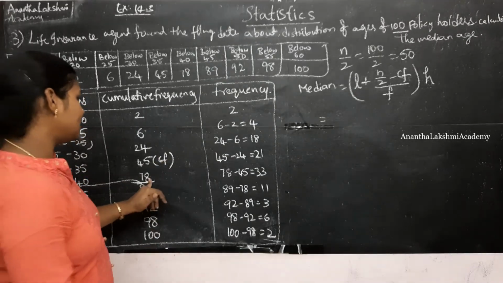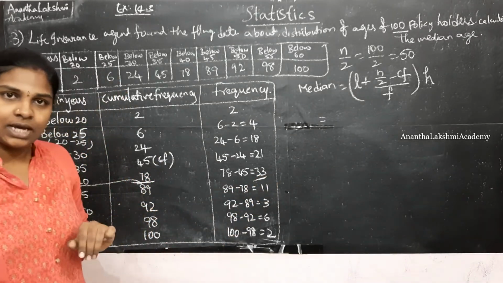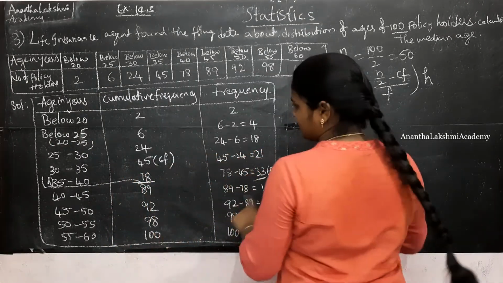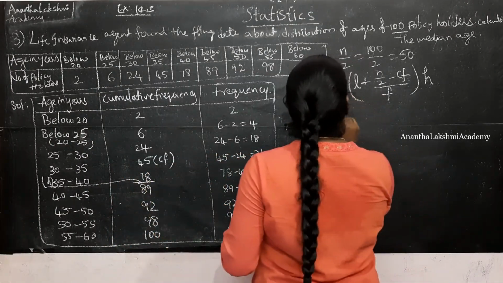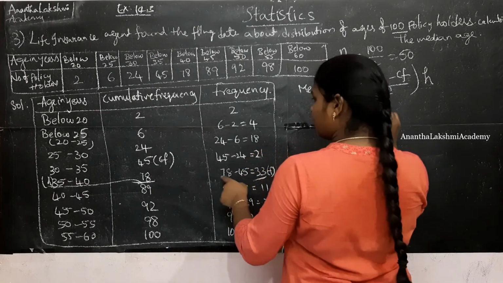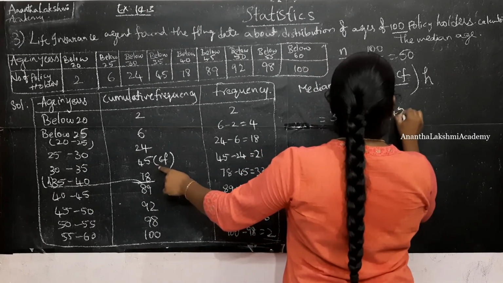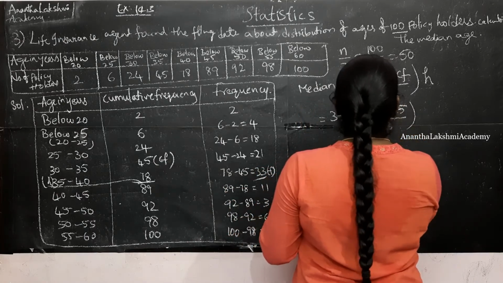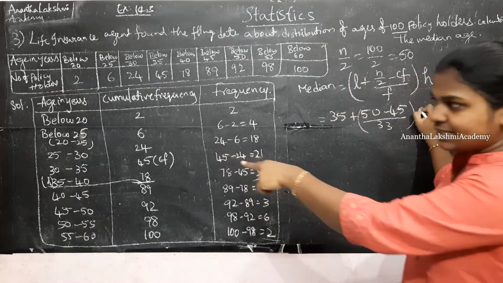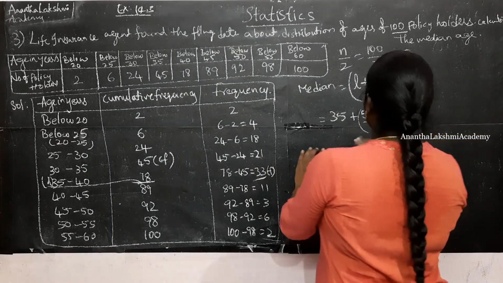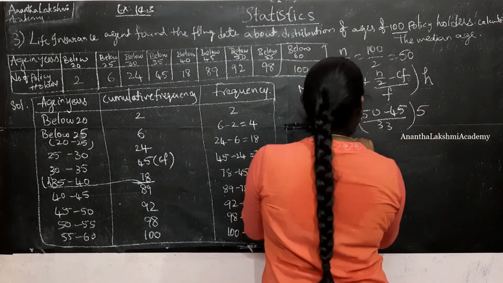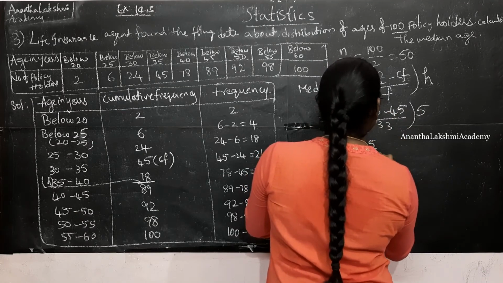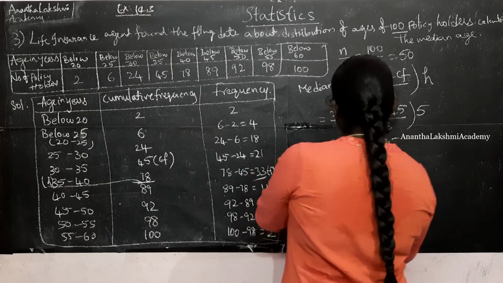And what is the frequency? 33. That is the median class frequency. So this is 35 plus 50 minus 45 by 33 into, what is the interval size? 5. So this is going to be 35 plus 50 minus 45 is 5, by 33 into 5.